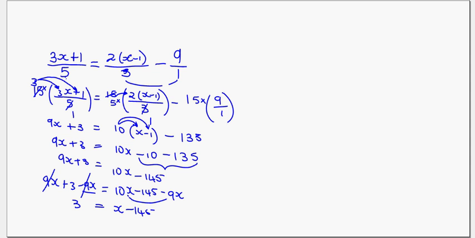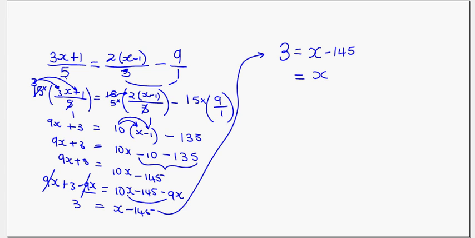1x minus 145. So therefore, if I pull this up there, 3 is equal to x minus 145. I'll just write it back so we have it clearly here. 3 is equal to x minus 145. So it means that if I want to get x by itself, I have to get rid of the minus 145.